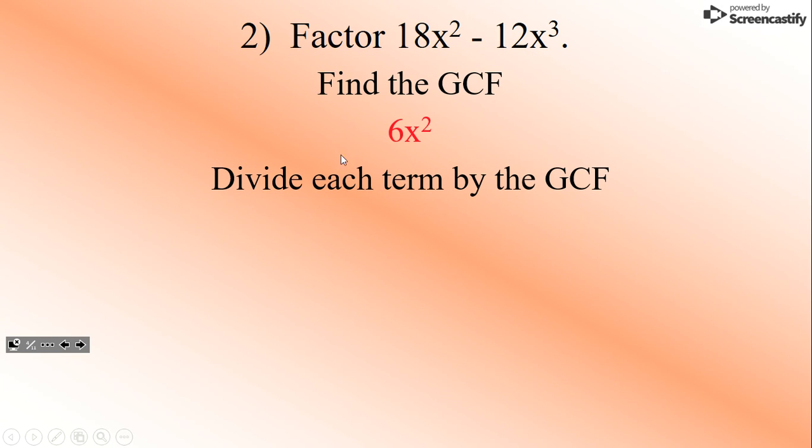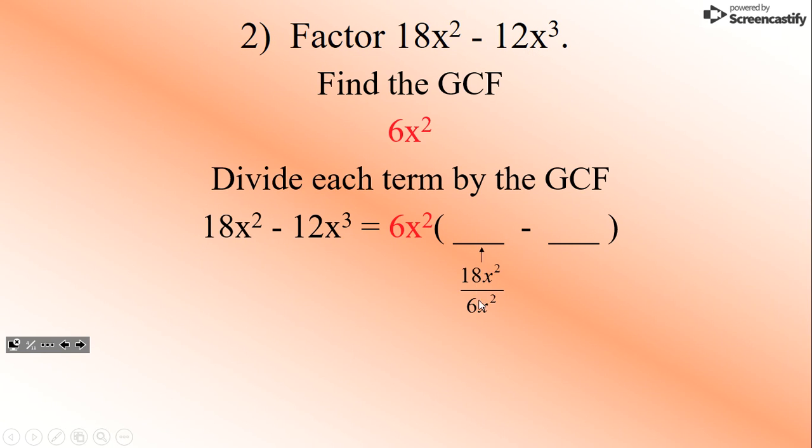Next we're going to divide each term by the greatest common factor. So now we write it as a pattern. This is our original question, and it equals 6x squared times two things because there's two terms. Notice there's a minus sign. You can't lose your minus sign. So we take the first term and divide it by 6x squared. 18 divided by 6 is 3, and x squared divided by x squared cancels out, so our answer is 3.